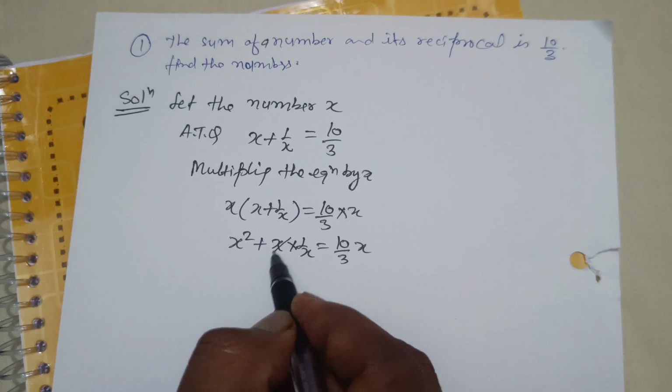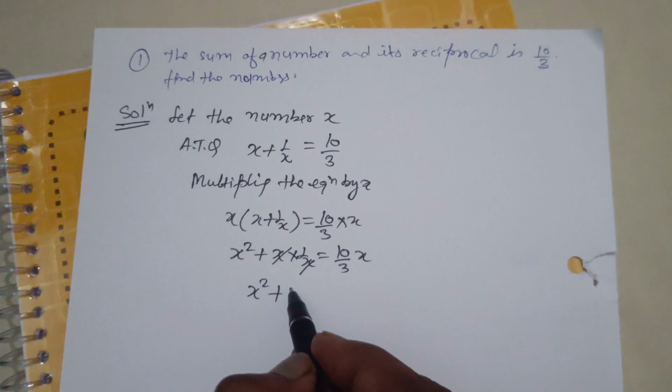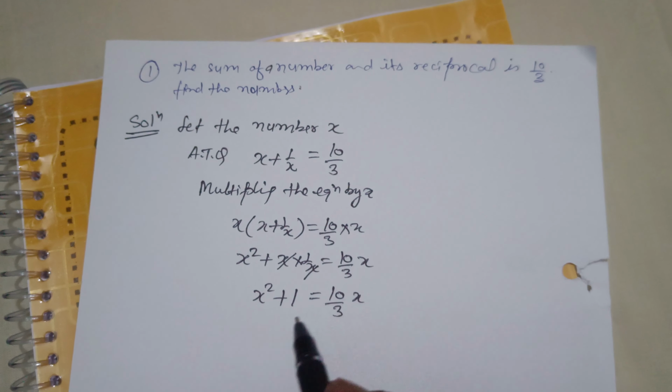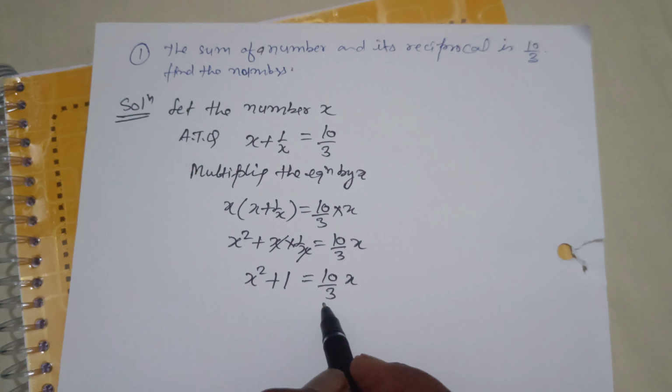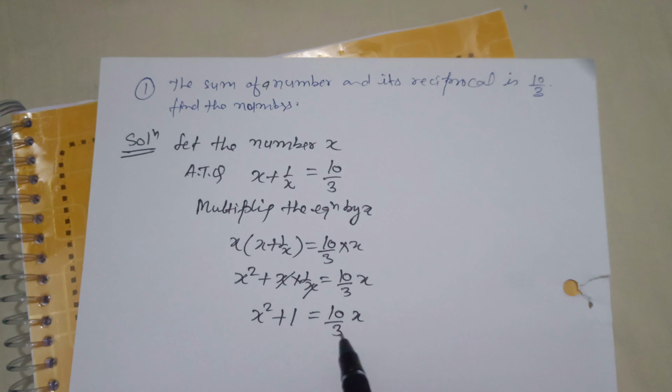You see, x and x will be cancelled. x square plus 1 is equal to 10 by 3 x. Again, you can take the LCM or multiply this equation by 3.